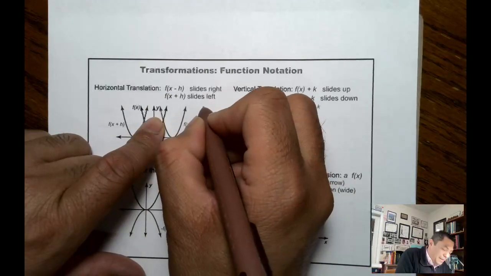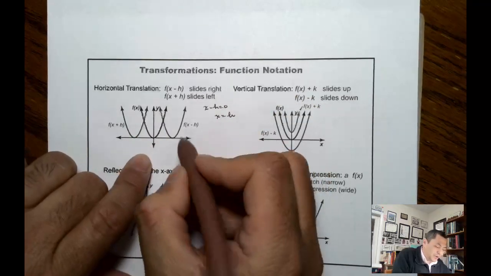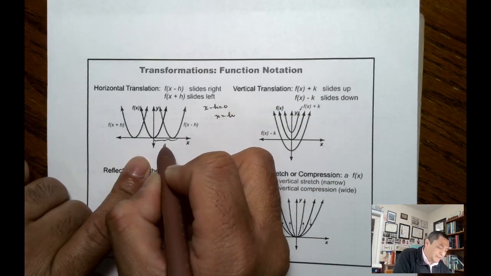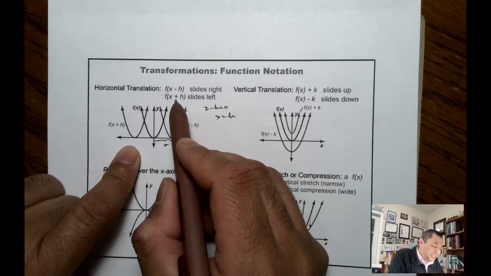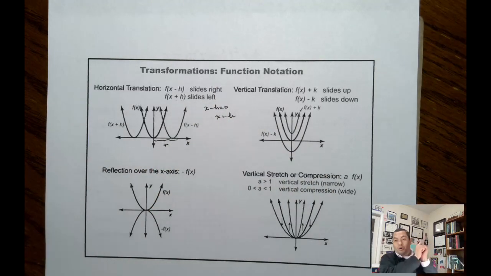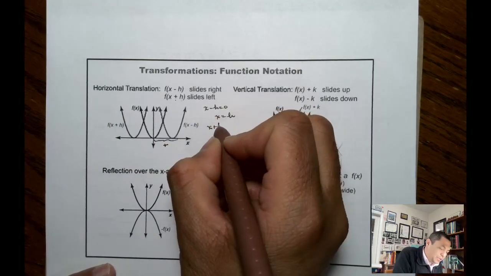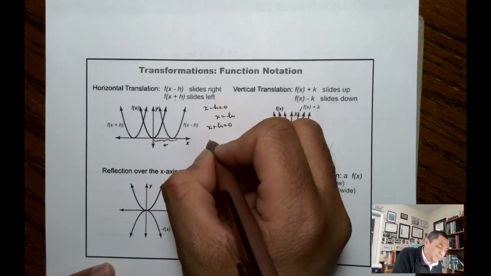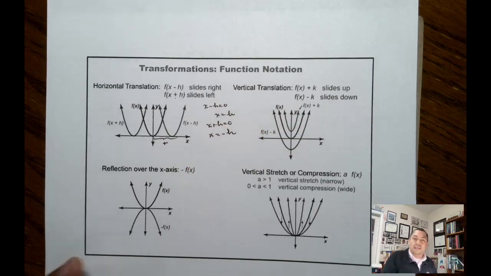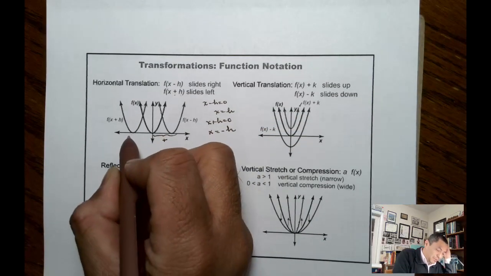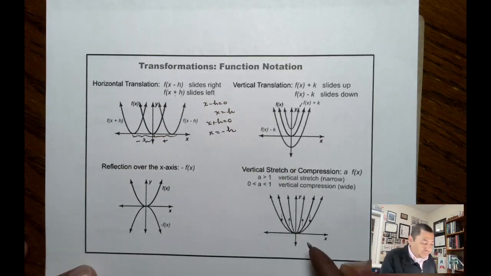If you have x minus h equals 0, x is equal to h. So it moves to the positive side. And if h is positive, it moves to the other side, to the negative, because x plus h is equal to 0. If you move h to the right side, x is equal to negative h. So in this case, we're going to move minus h units.